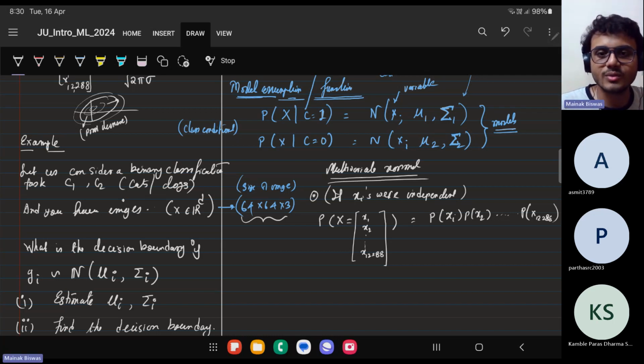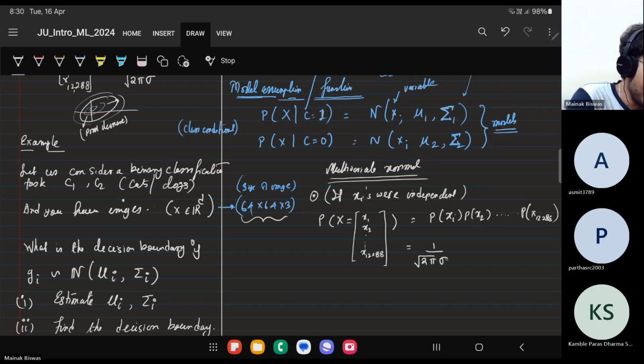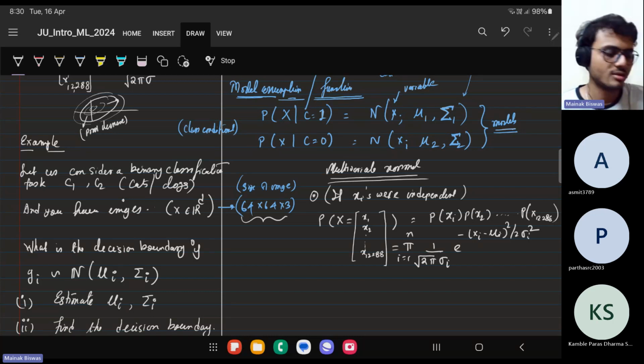All of the dimensions are independent of one another, so they will just product out, and you will have 1 by root 2 pi sigma_i, for the first dimension. It will be just the product over i equal to 1 to n of e to the power minus (x_i minus mu_i) square by 2 sigma square, considering mu's and sigmas can be different.